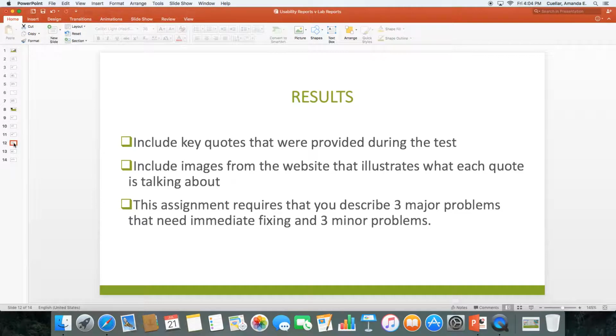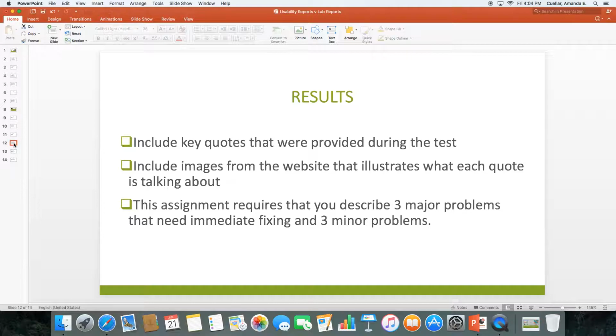Include key quotes in this section that were provided during the test, along with images from the website that illustrate what each quote is talking about. And you will have your research in the audio recording that you recorded while the participant was participating in the usability test, or you will have a screen recording of the user working through the process.